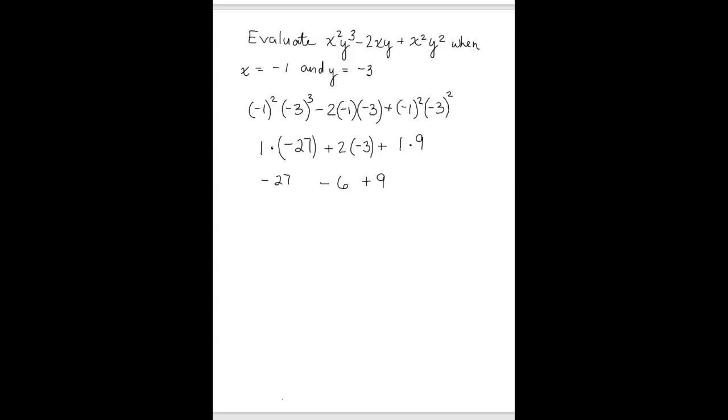So at this point, it becomes addition and subtraction. This becomes a -33. And then when I add 9 to that, so -33 plus 9 is going to give me a -24. And there's my answer.